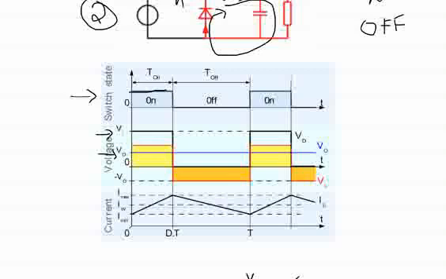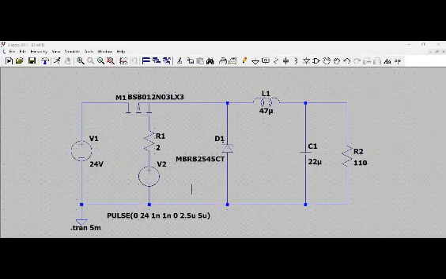Now let us try to see how to simulate the buck converter circuit in LTSpice. So this is a circuit which is built in LTSpice. Everyone knows how to build using components, right?